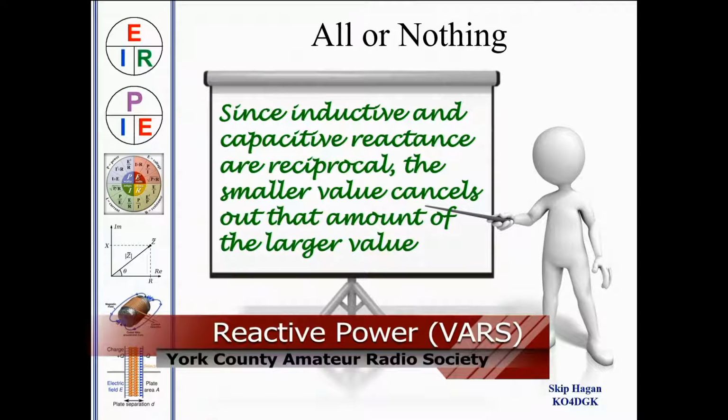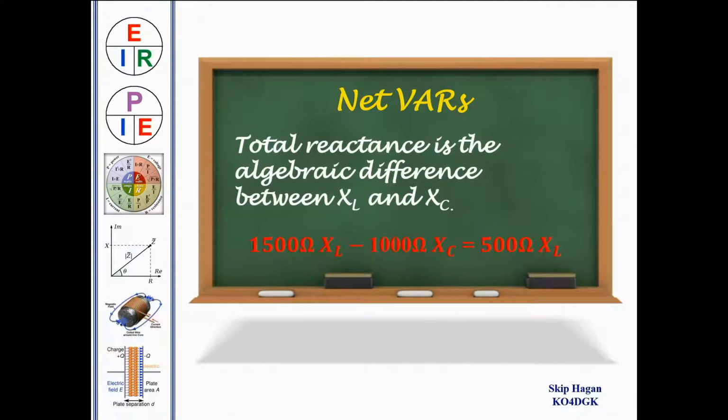You subtract the smaller value from the larger value, and the net is what you have left over, either capacitive or inductive. And this is a simple example. Reactance, whether it's inductive or capacitive, has units of ohms, just like resistance. So if we have 1,500 ohms of inductive reactance and 1,000 ohms of capacitive reactance, we're left with 500 ohms of inductive reactance.